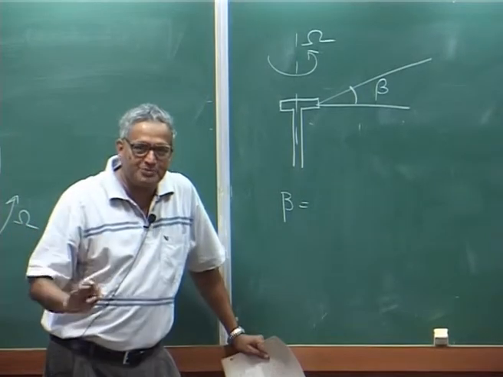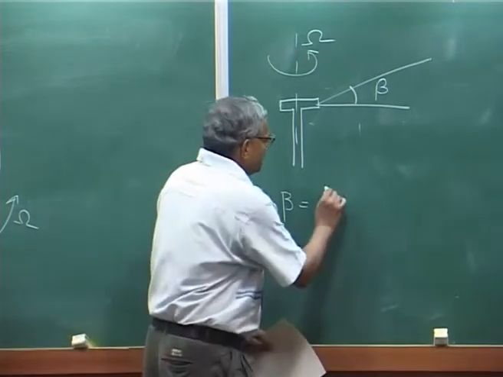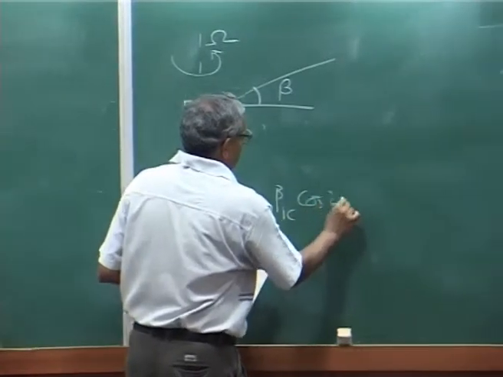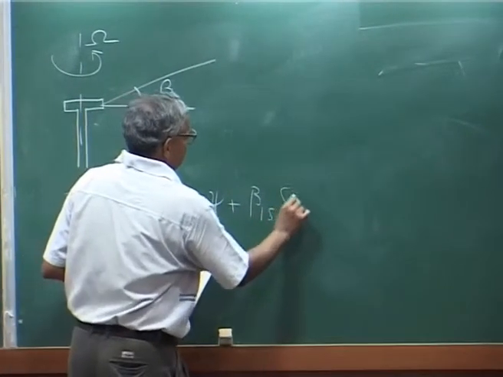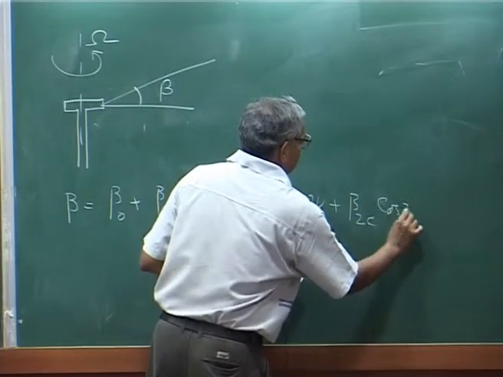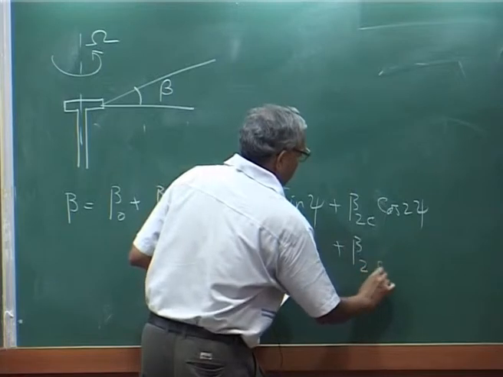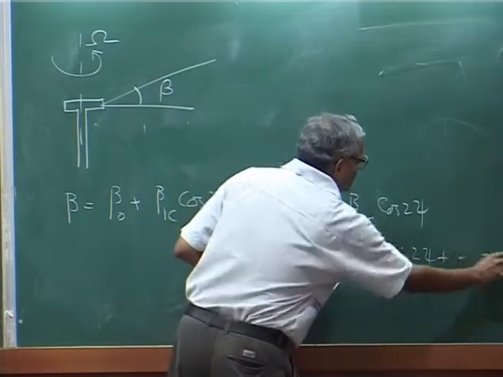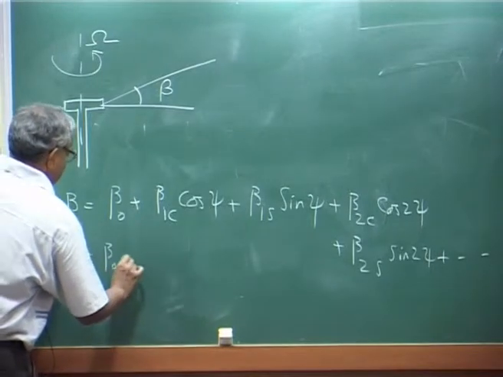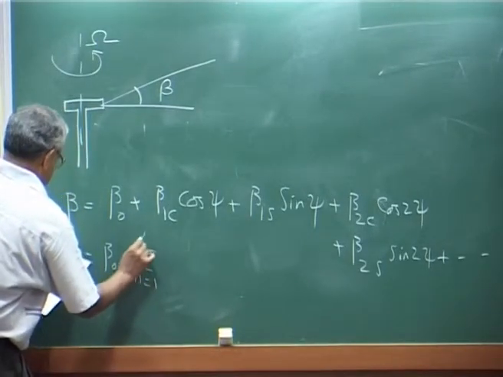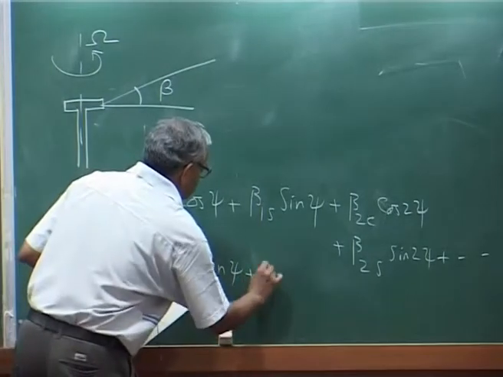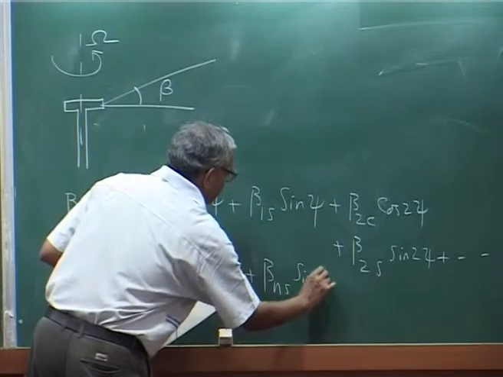Okay. Therefore, I am representing the flap motion also as a Fourier series, and so on, so forth, which is, write it as beta naught plus summation 1 to n, cosine n psi plus, okay.